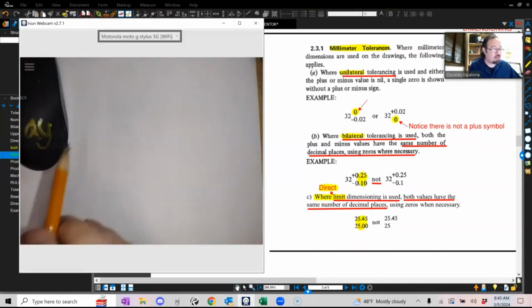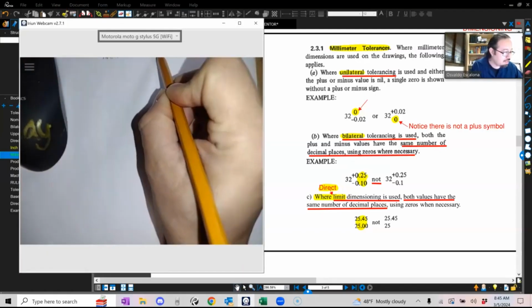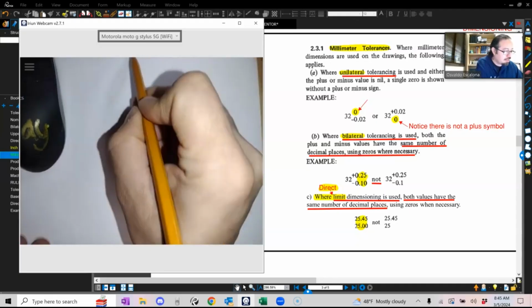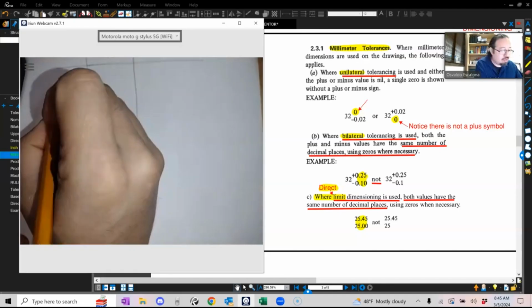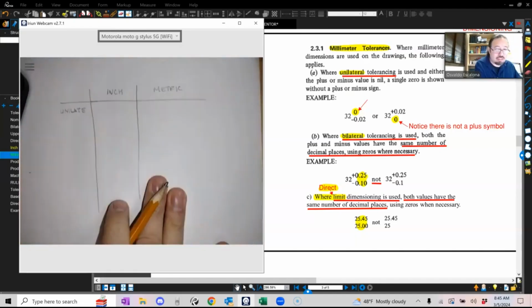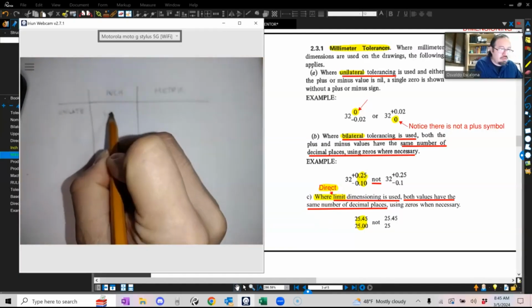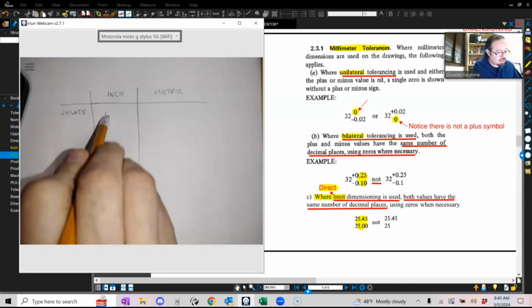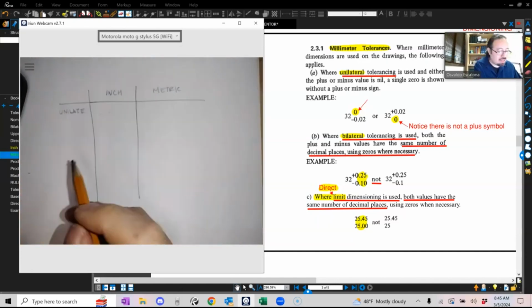For example, let's do the inch system, and let's do the metric system. If I were to do unilateral, that means only one direction. Let's do 32, since it's the one that is there. 32 inches is kind of too much length, but let's call it that.